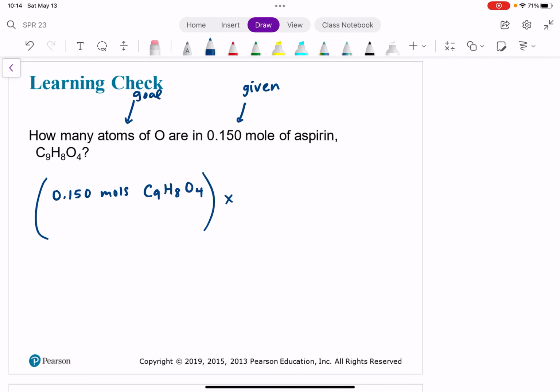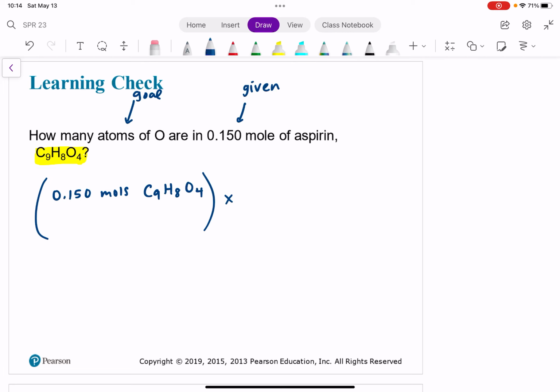If we have C9H8O4, how many moles of oxygen are in that aspirin molecule? Yeah, 4. How did I know that? Well, there's this little 4 right there. And that means either we have 4 atoms of oxygen per every aspirin molecule, or also we have 4 moles of oxygen per every 1 mole of our aspirin as a whole.